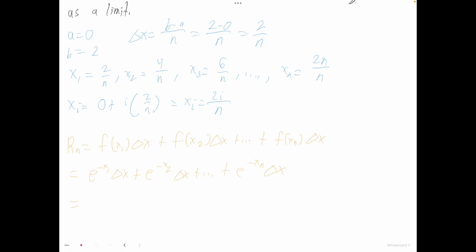And this then is equal to e to the minus 2 over n times 2 over n, plus e to the minus 4 over n times 2 over n, and so on to e to the minus 2n over n times 2 over n. Just plugging in the x sub i's and delta x as 2 over n.